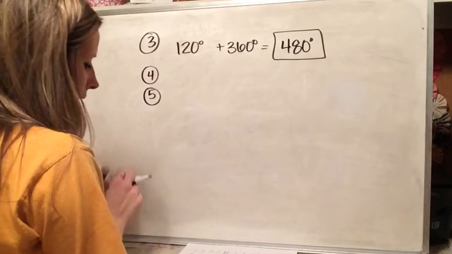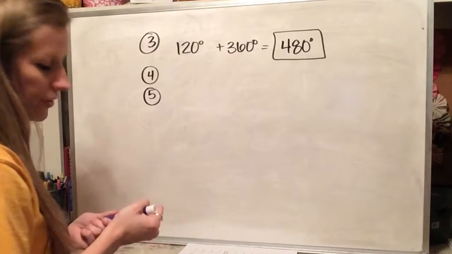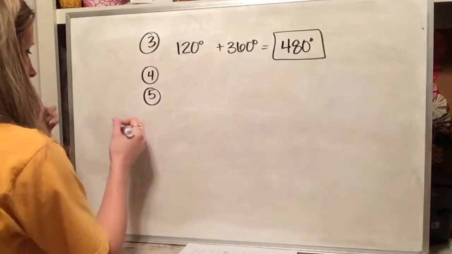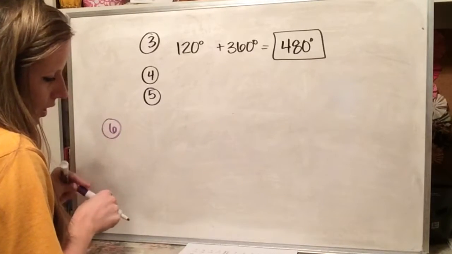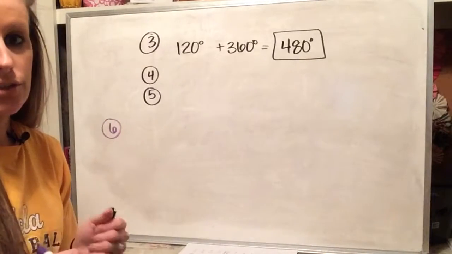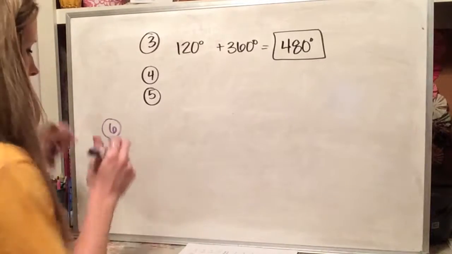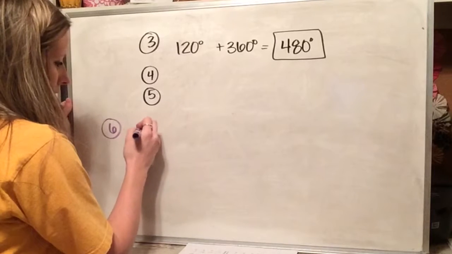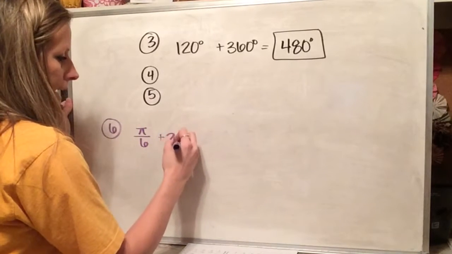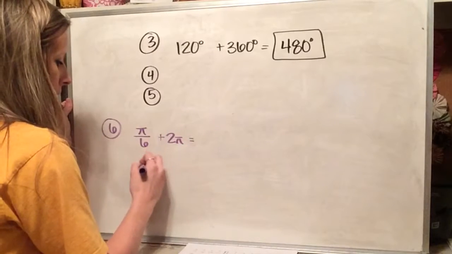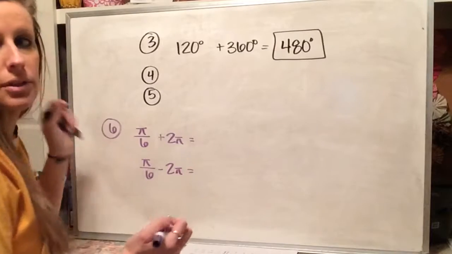Now, on the next section, 6 through 11, it wants you to find 2 coterminal angles. And we're in radians. Okay, so what I want you to do is add and subtract. That way you get 2 different ones. So on number 6, I'm going to take pi over 6. And I'm going to add 2 pi to get one angle, and then I'm going to subtract 2 pi to get another coterminal angle.